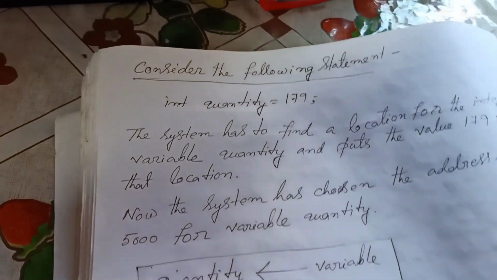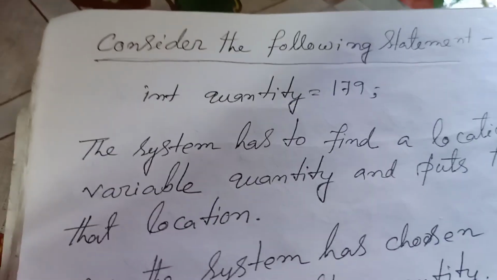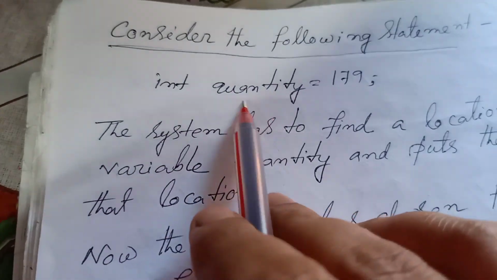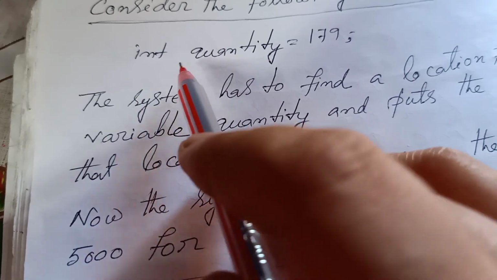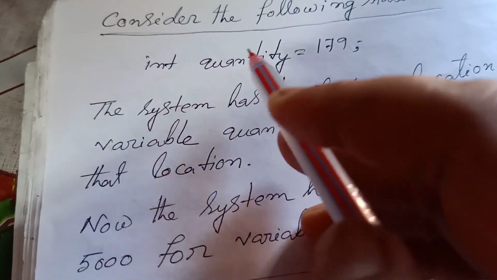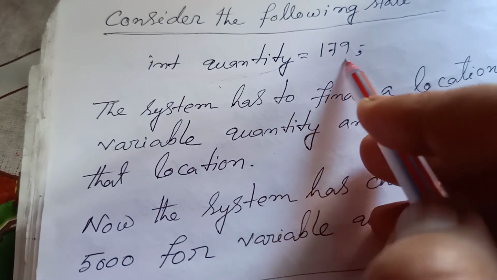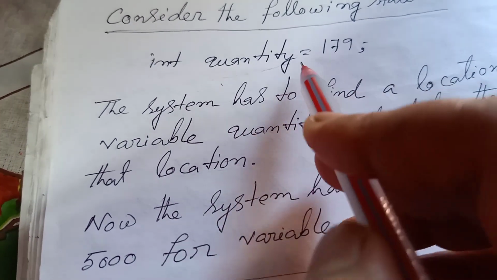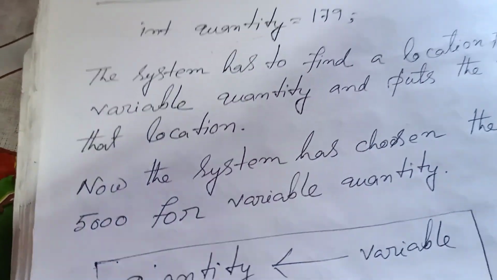Now consider the following example. int quantity = 179. That means int is the data type, quantity is the variable name, and 179 is the assigned value to the variable quantity. Okay.